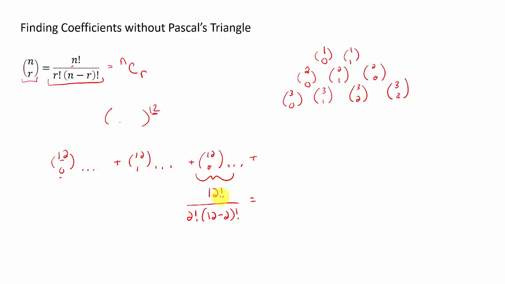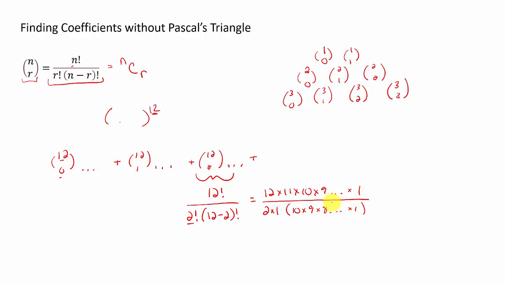Now the factorial just means to multiply all the way down to 1, so I'd have 12 times 11 times 10 times 9 dot dot dot until I got to multiply by 1. Here, this is 2 factorial, so it'd be 2 times 1. And then inside, 12 minus 2 is 10, so it's 10 factorial, so it'd be 10 times 9 times 8 dot dot dot all the way down to 1.